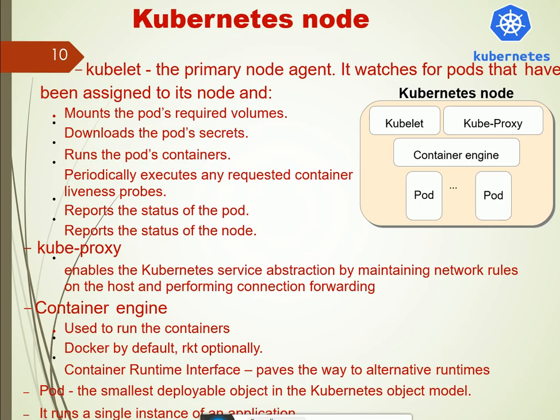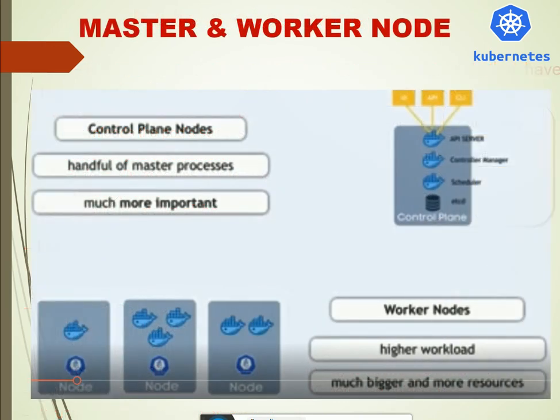Now proceed to the next thing. See here the Kubernetes master and the Kubernetes nodes. The control plane node is responsible for controlling all the nodes, and it handles the master processes, which are much more important.